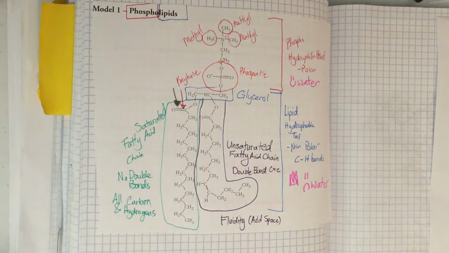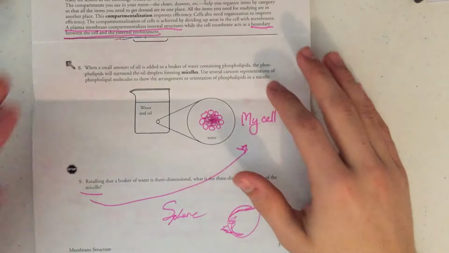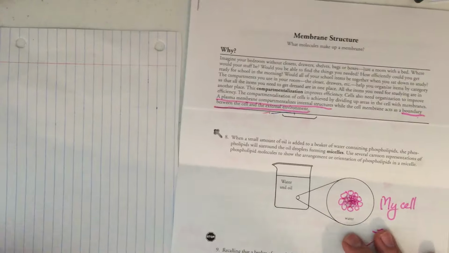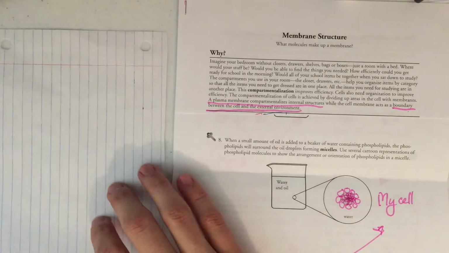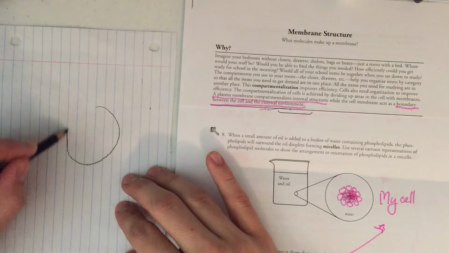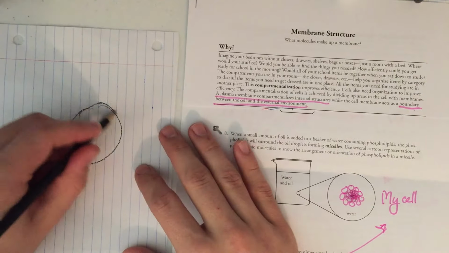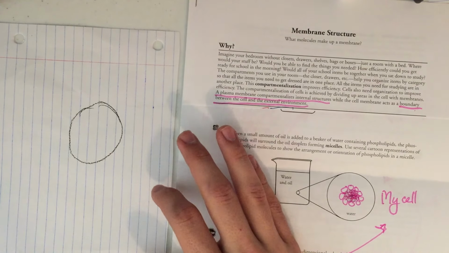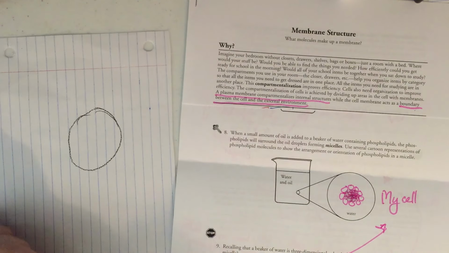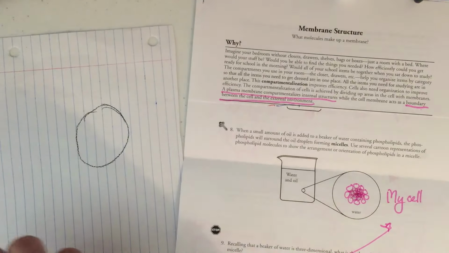I'm going to try to draw it as best I can, but first we're going to look through this POGIL we did in class to understand what would happen. Sorry for the bad picture, I'll try to redraw it here. The idea was, if we had oil, how would the phospholipids arrange around that? I'm going to draw the phosphate in red and the fatty acid tail in green.